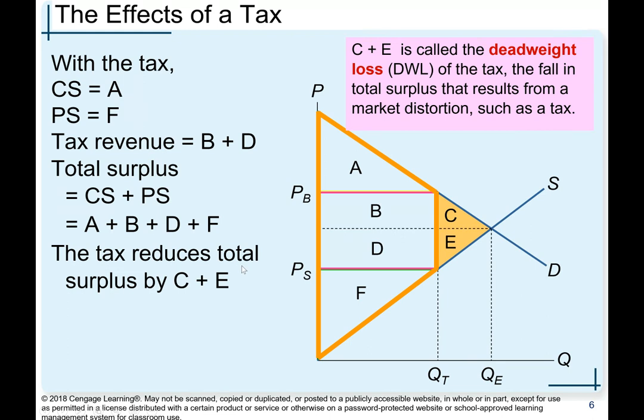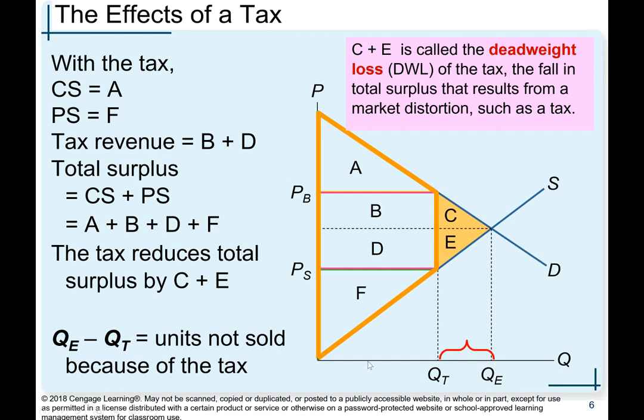It is a loss that goes to nobody. The consumers lose it, the producers lose it, and the government does not get the revenue. And of course, QE minus QT is the amount by which the market has shrunk. The tax distorts the market and it shrinks.